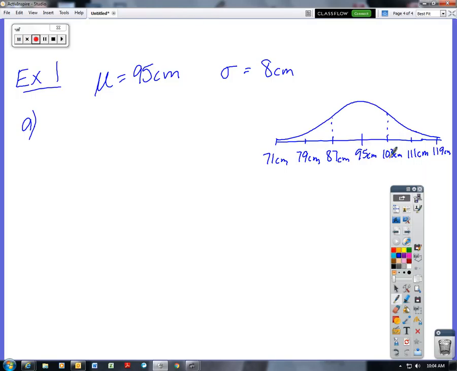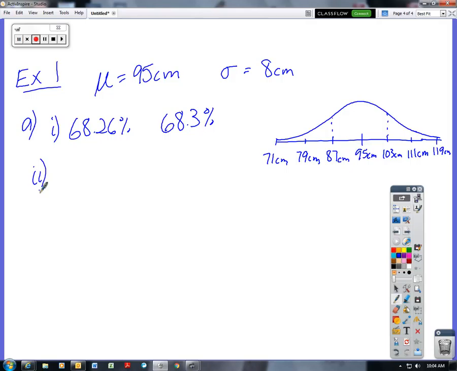Find the percentage of footballers with chest measurements between 87 and 103. I just figured that out because I was so excited. I already know this. That's within 1 standard deviation. That's 68.26%. Now since it's IB, we best round that to 3 sigs. So there.